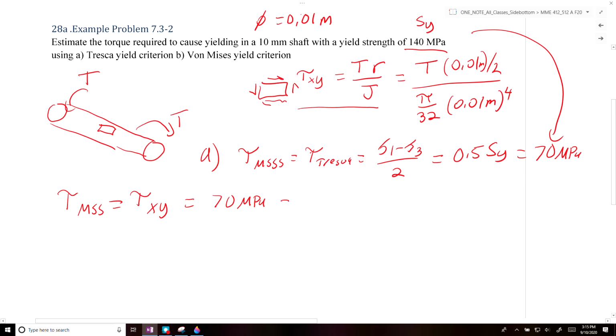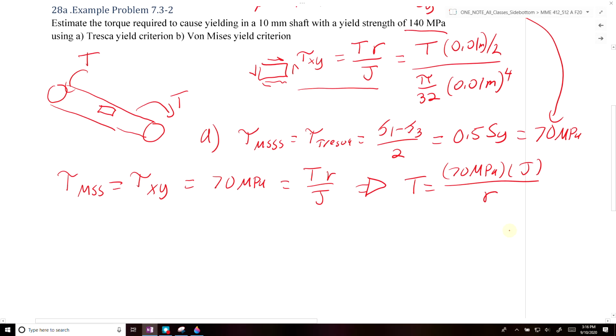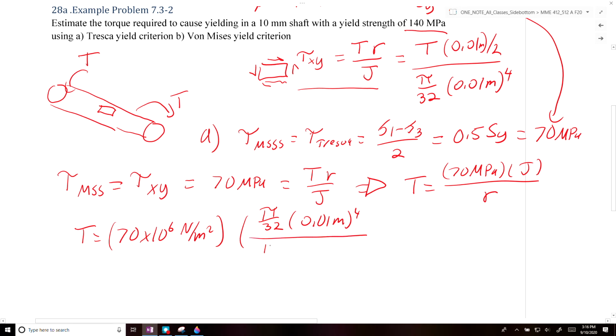We said tau xy was already equal to TR over J. So to solve for T, we can rearrange the equation and we'll get T equal to 70 megapascals times J divided by R. If we plug in those values, T is equal to 70 times 10 to the 6th newtons per meter squared times J, which is equal to pi over 32 times 0.01 meters to the fourth, divided by 0.01 meters divided by 2.